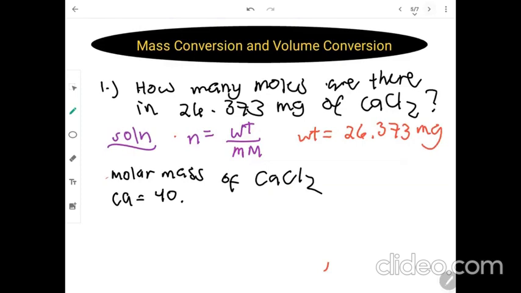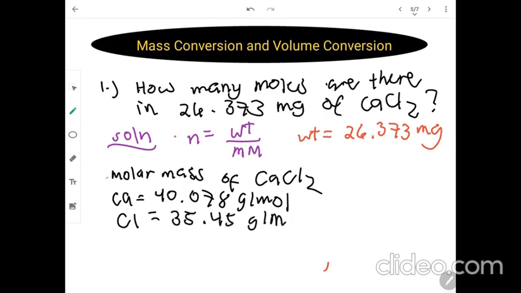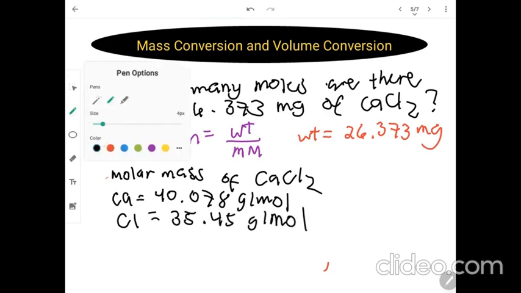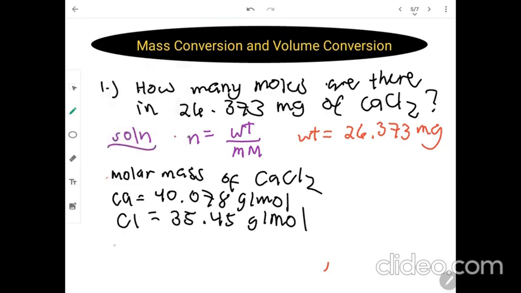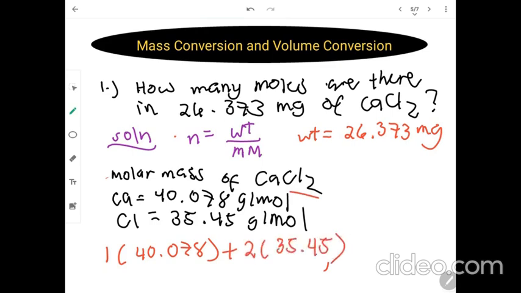Okay, let's have our next slide. 40.078, and the unit is grams per mole. And for our chlorine, we have 35.45. Unit is grams per mole. Okay, now if we're going to calculate this, we have one calcium atom, so 1 times 40.078 plus, for our chlorine, we have 2 chlorine atoms, so 2 times 35.45.